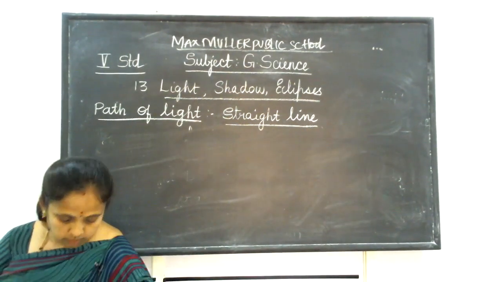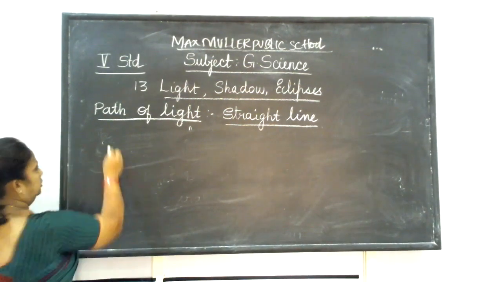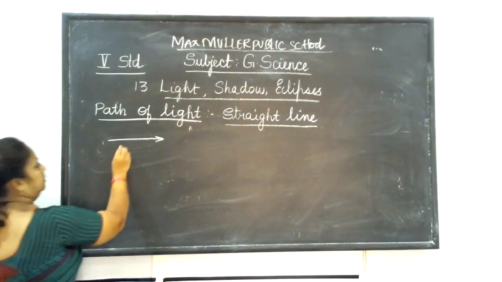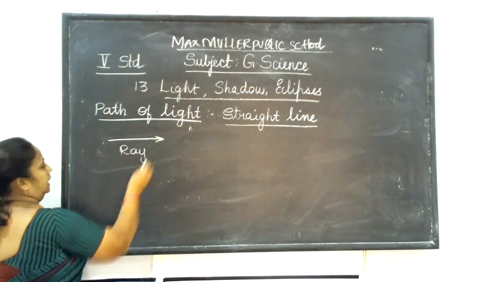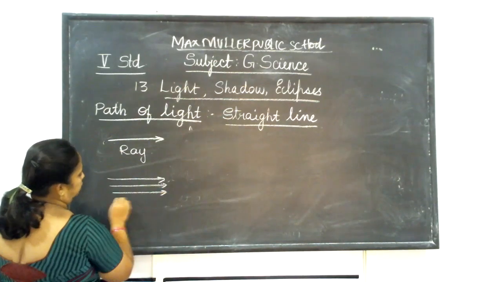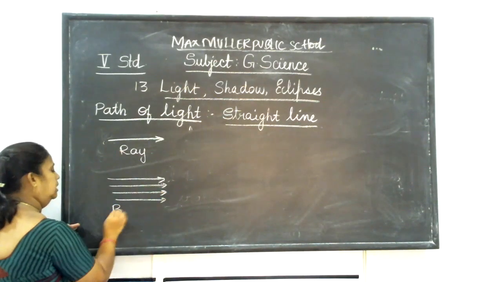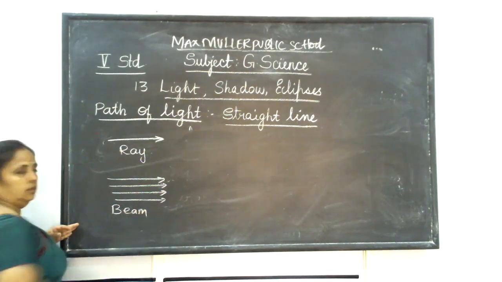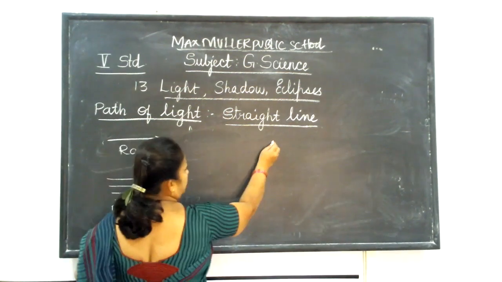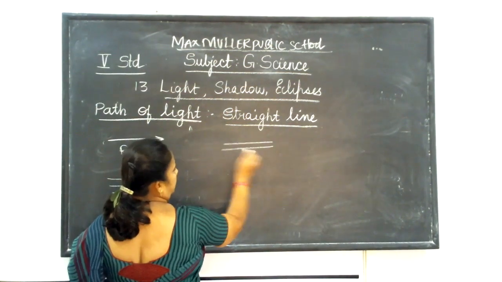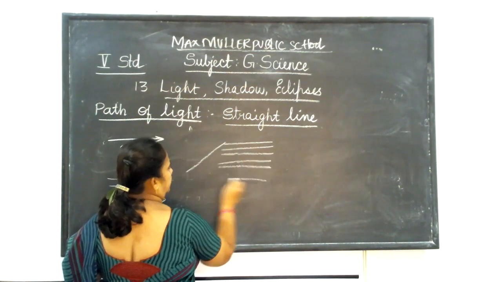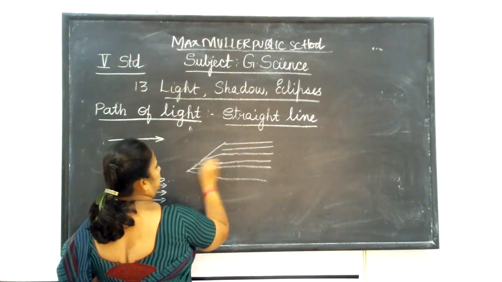When I said ray, light travels in a straight line. This one is a ray. Then a collection of rays is called a beam of light. Suppose the rays are like this, and all these rays meet at a point.